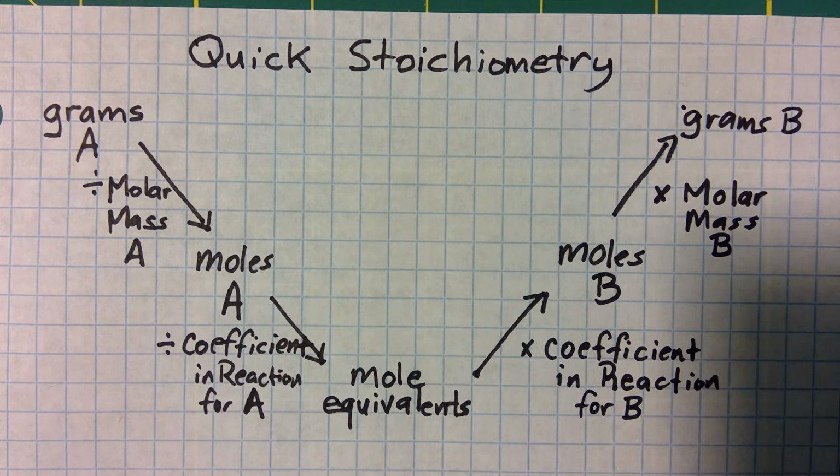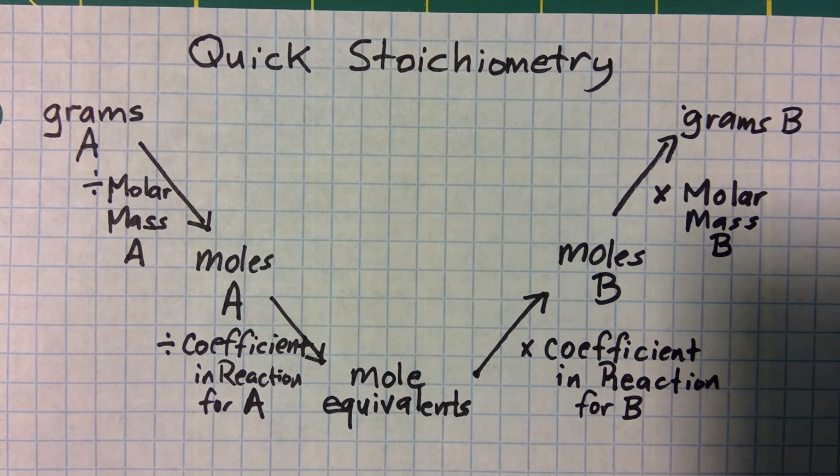Now, the way you do this is you follow this map. On this map, you'd either start with the grams of A or with moles of A, whatever information it gives you in the problem. A is not necessarily a reactant. It doesn't have to be, or a product. It can be either one, because you can start anywhere and end anywhere in a stoichiometry problem.